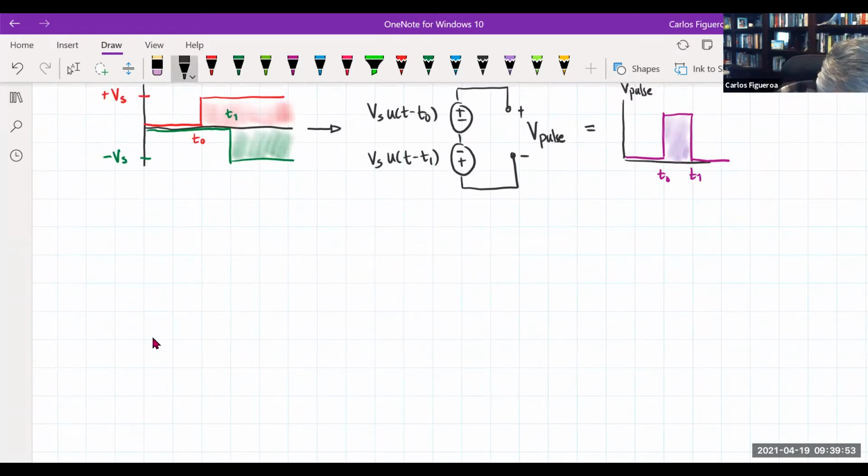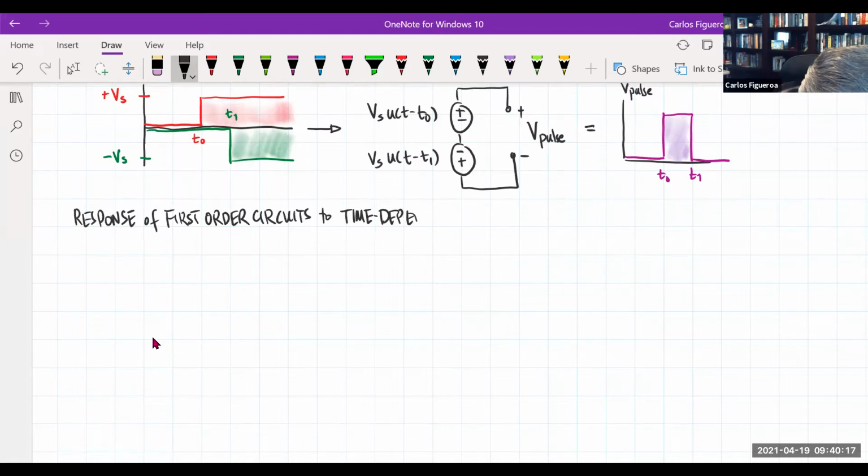So now what we want to do is look at the response of first order circuits to time dependent sources.